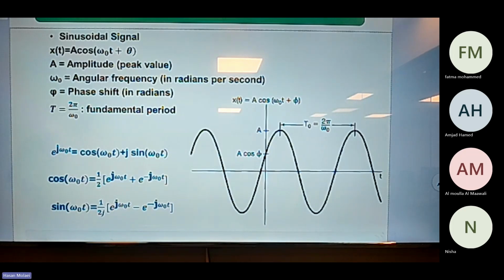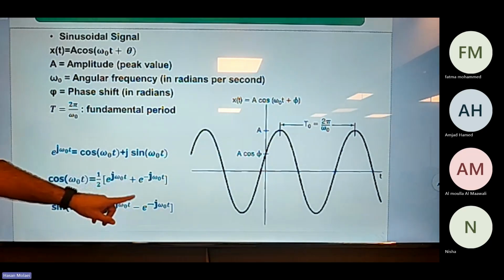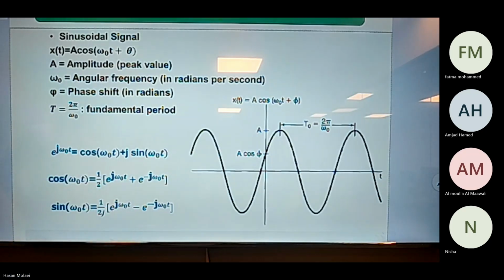The difference is 1 over j in the numerator, and for sine we have the negative sign here and j in the numerator.